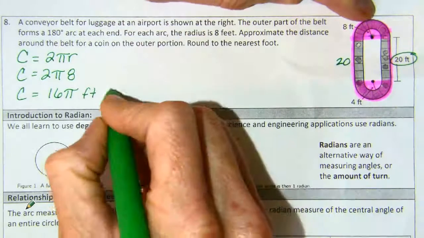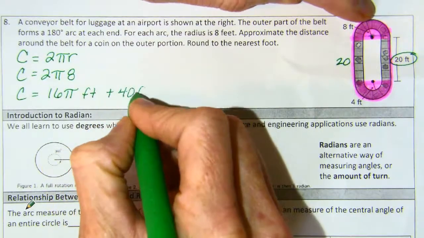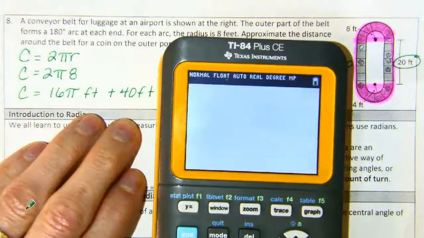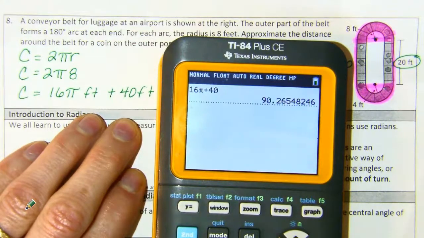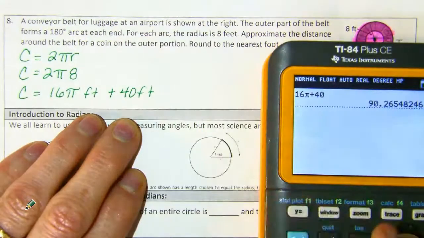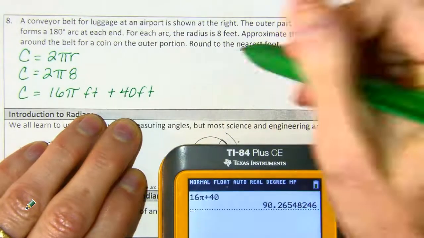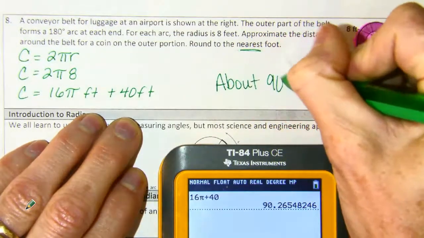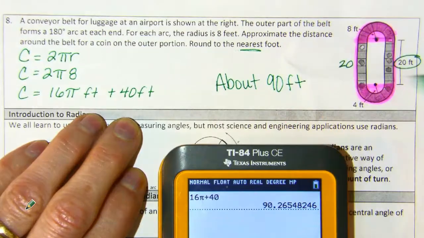So that's going to be a total of 40 more feet. So if I add 16 pi plus 40, I am going to get almost 90 feet. So it says round to the nearest foot. So we are clearly just going to say about 90 feet since we are rounding to the nearest foot.